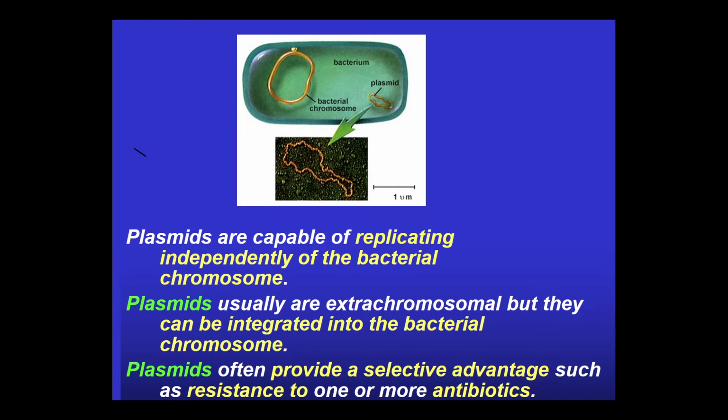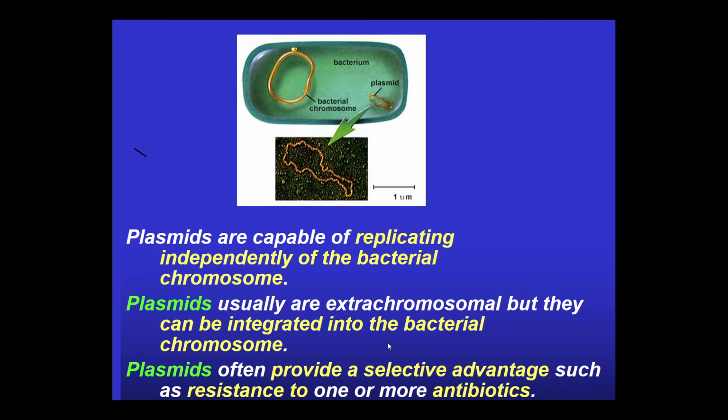It is important to understand that plasmids, which may replicate independently of the bacterial chromosome, are not obligatory or mandatory structures. We may have bacteria without plasmids, but the importance of the plasmid is that it gives a selective advantage to the bacteria that keep plasmids.